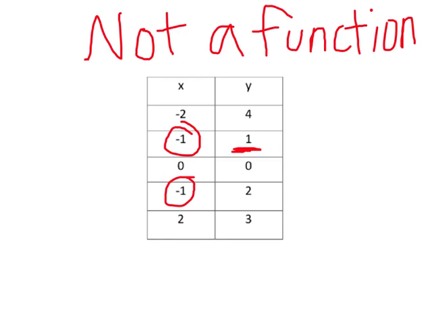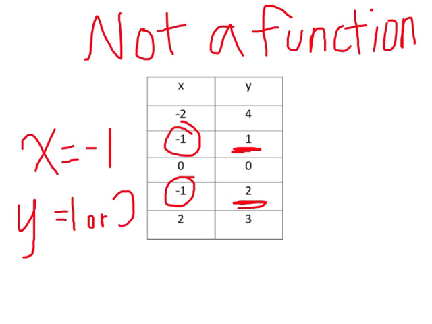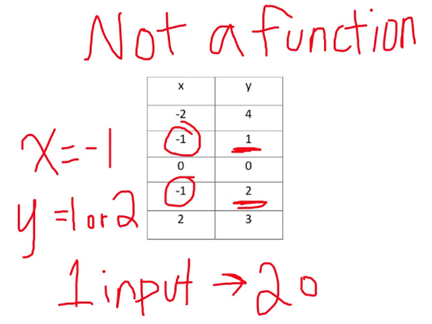But then if we look down here, when x is -1, y also equals 2. So when x is -1, y equals 1 or 2. So your one input had two outputs. So it is not a function.